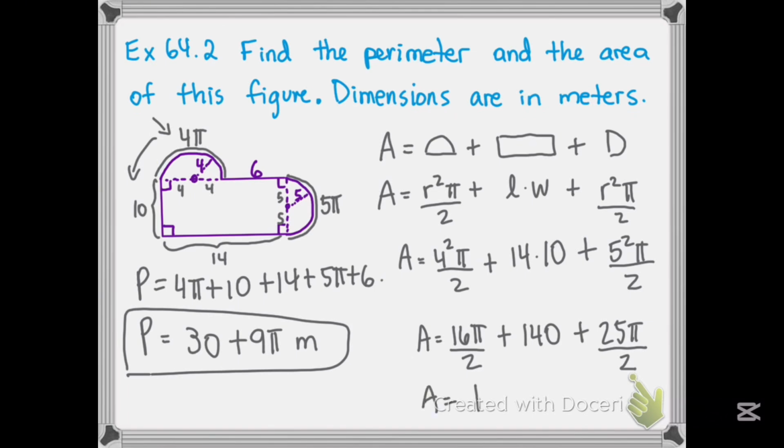So we add now like terms, and it's 140 plus 16 plus 25 is 41 pi over 2. And again, this is square meters because it's area. And that's our answer. So this is very simple. You just have to be very organized and do things carefully so you don't forget any of the details. Okay, I'll see you in the next video.